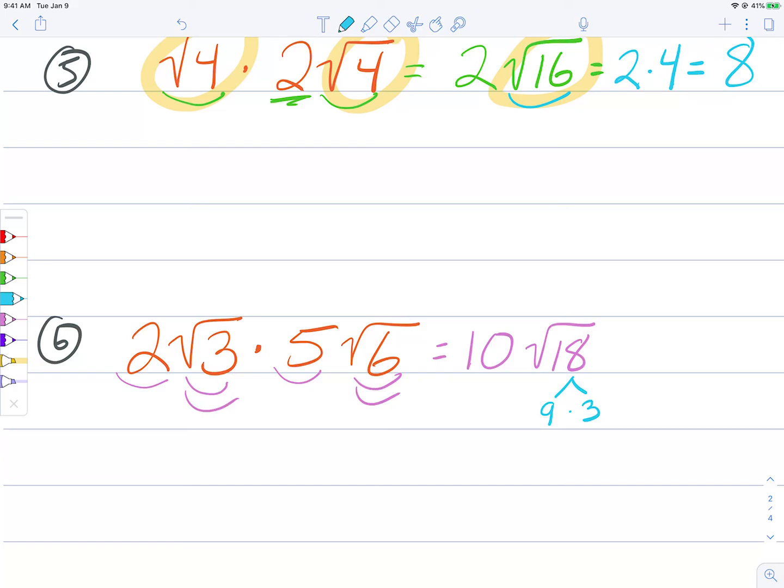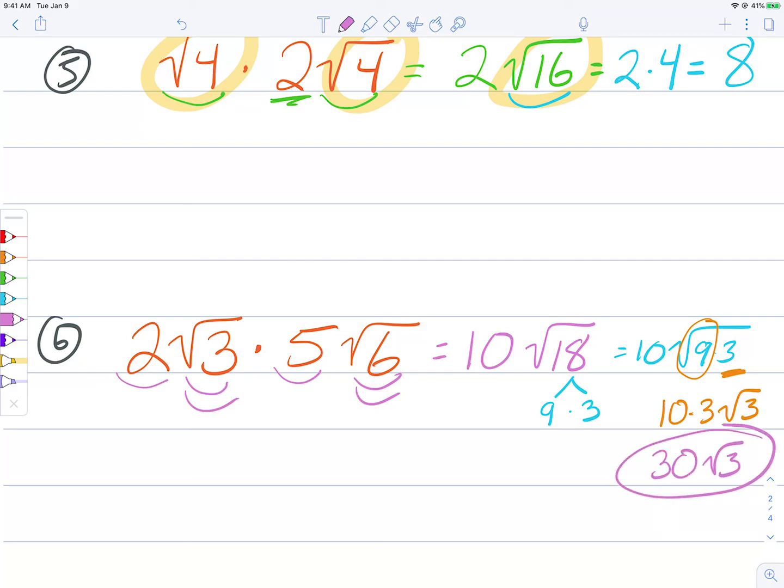So that means that we have 10 times the square root of 9 times 3. Just like our homework was simplifying, the square root of 9 is 3. And we still have this root 3 right there. And our final answer, 10 times 3 is 30 root 3. So our final answer for that one is 30 root 3.